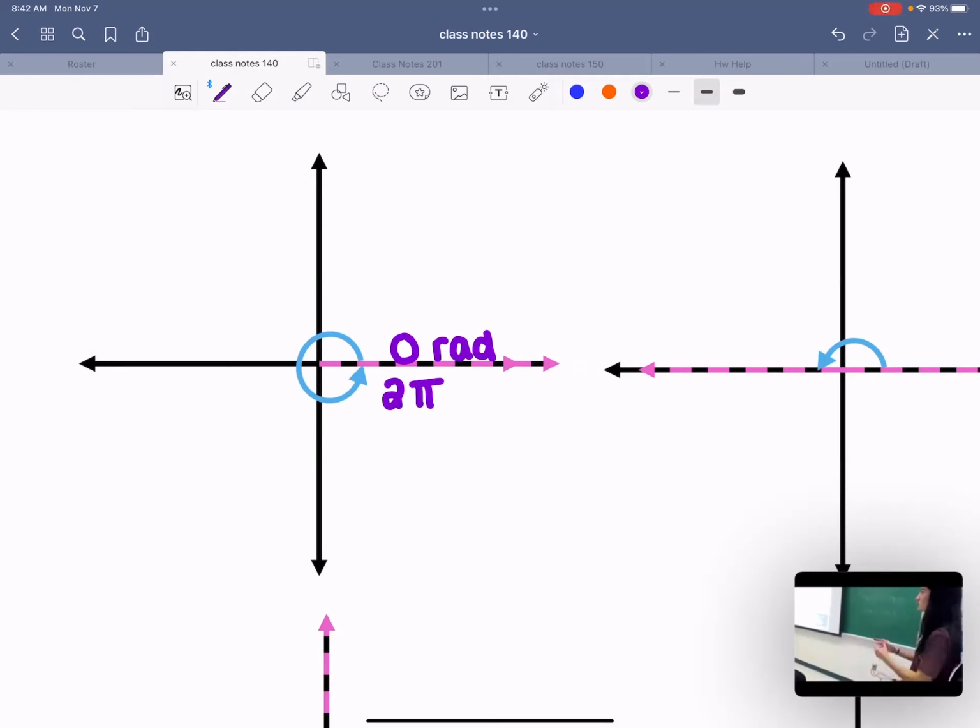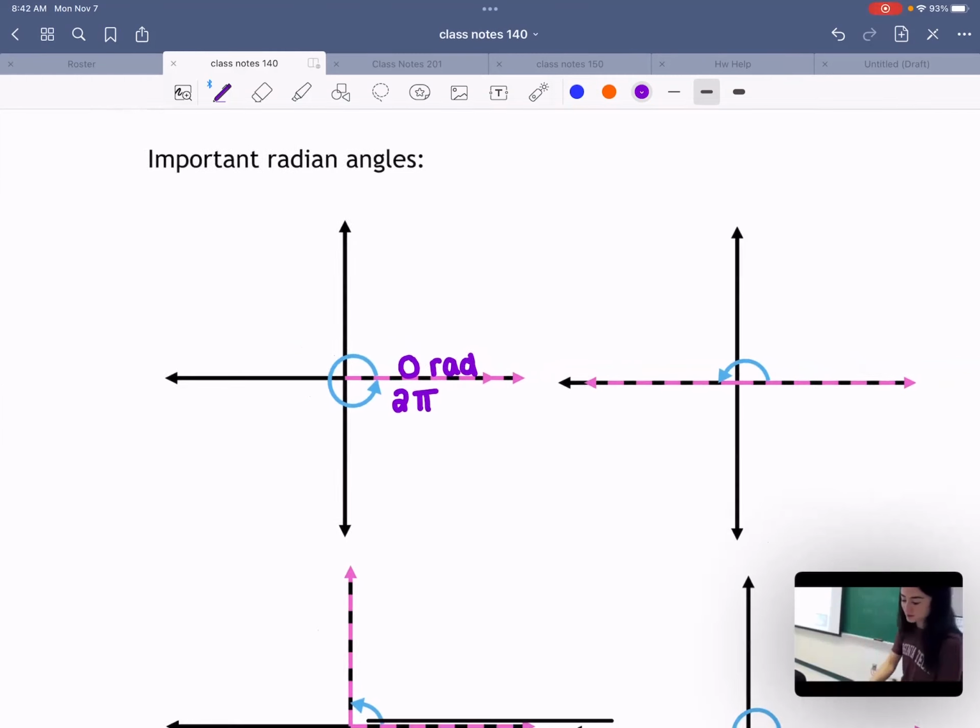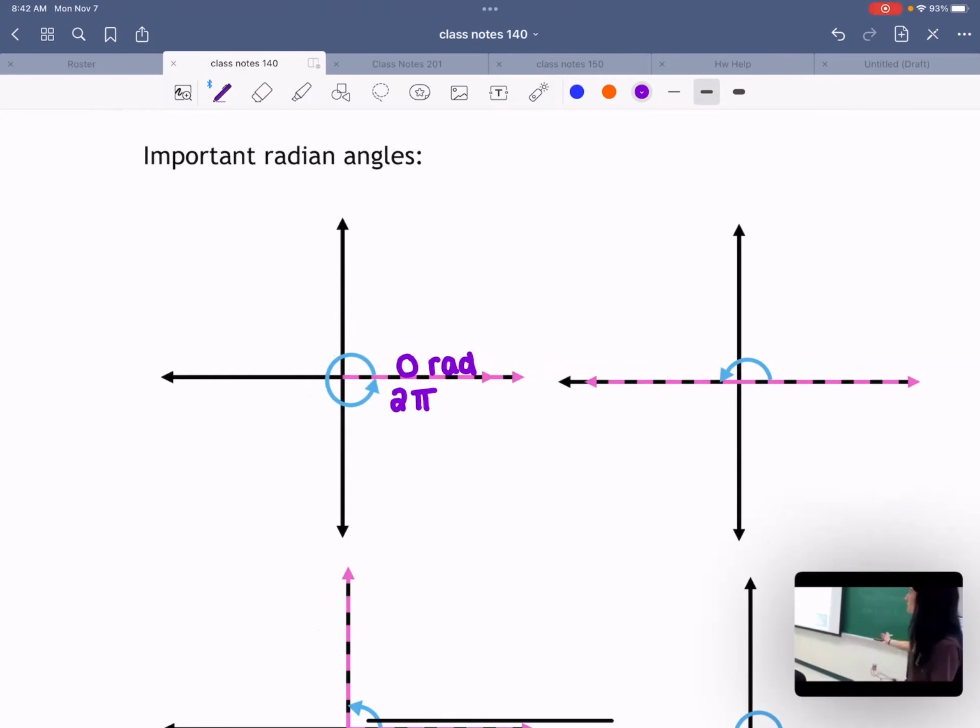So going nowhere is either 0 or 2 pi. All right, what do you think going halfway around the circle would be? Just pi. And how did you get pi? Yeah, you're going halfway around the full circle. A full circle is 2 pi. Half of that has to be just pi. So this angle is pi.